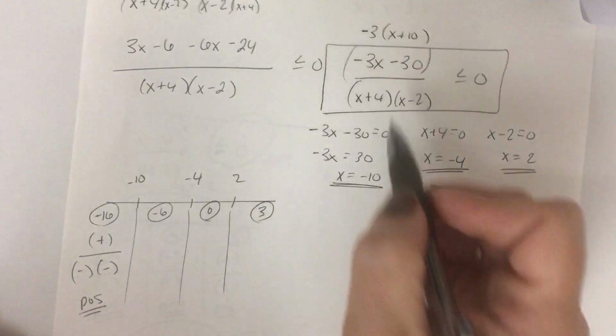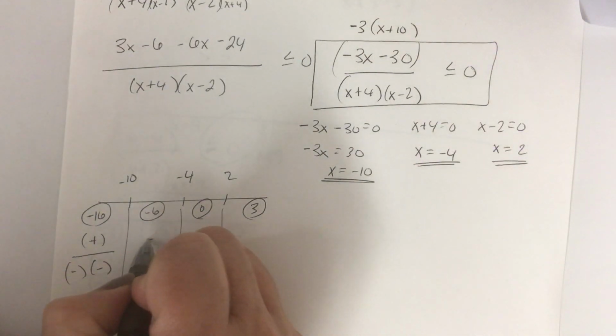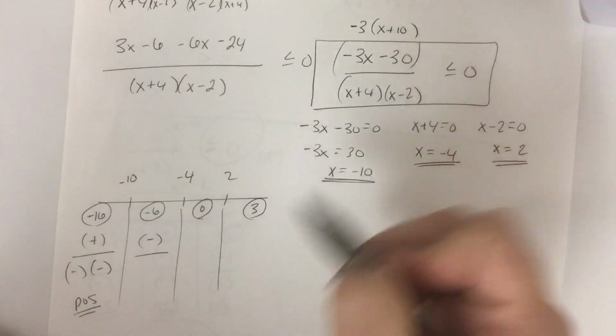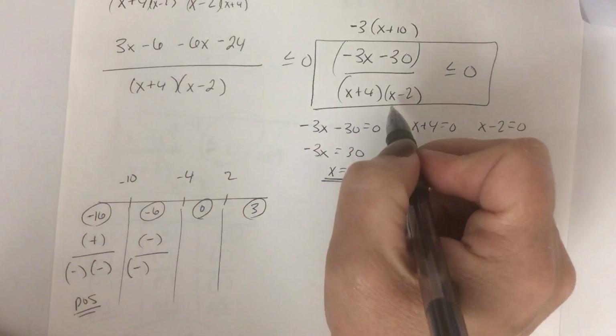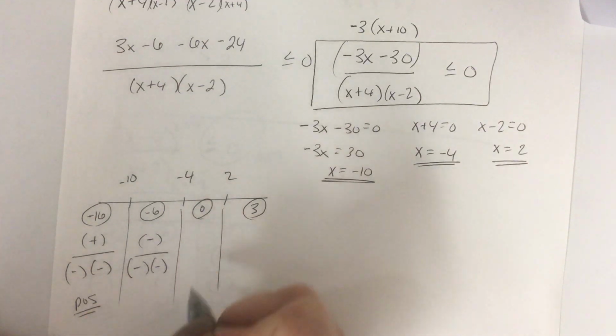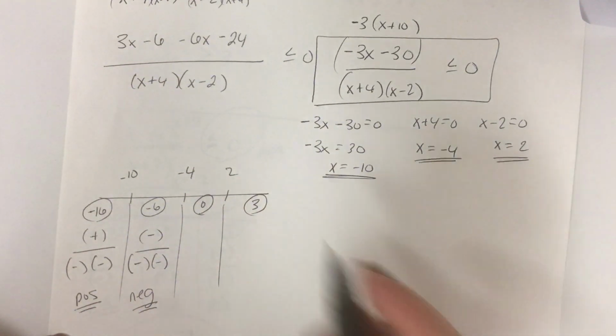If I take negative 6 and put it in here, that's going to give me 18 minus 30, which is going to be negative. And then negative 6 plus 4 is negative, and negative 6 minus 2 is negative. 3 negatives makes a negative.